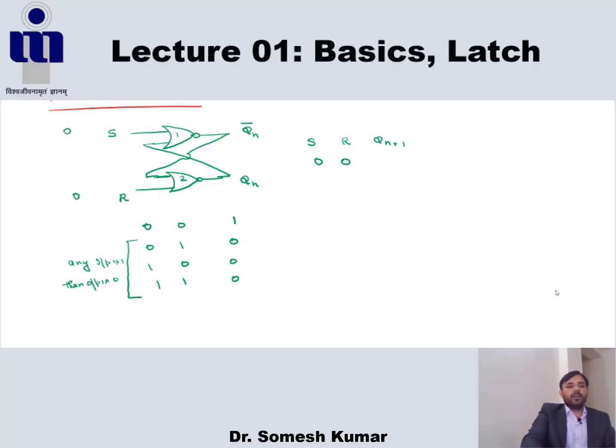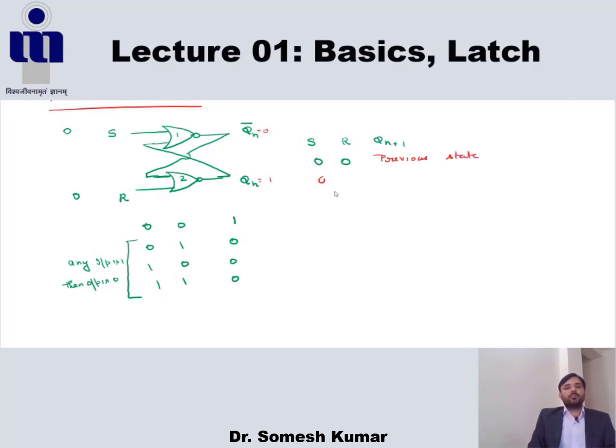So if S is 0 and R is 0, what will be the output in that case? Suppose in the previous case Qn is 0 and this is 1; then 0, 0 becomes 1, and 1, 0 becomes 0, meaning the previous state. Fine. So this becomes our previous state.